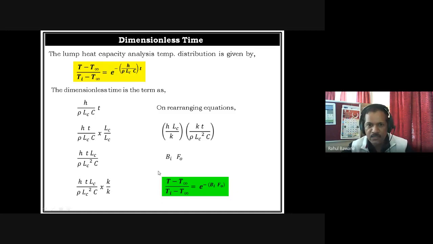There are questions like: prove that T minus T infinity upon Ti minus T infinity is equal to e raised to the power minus Biot number times Fourier number. So we have to prove this, and the final form will be this. We have to start from our first derivation point and reach this Biot number form. Now in the last part, we will see one numerical.